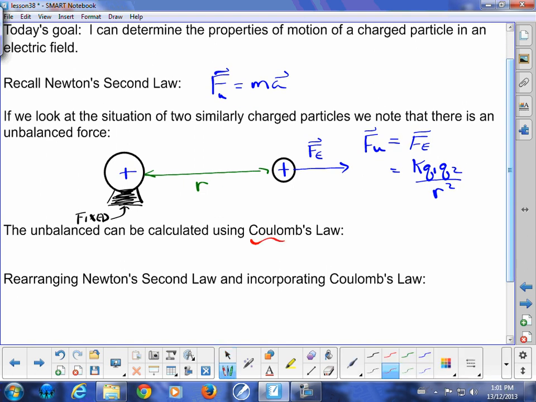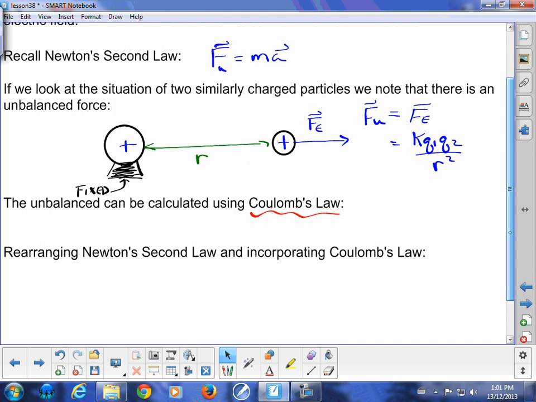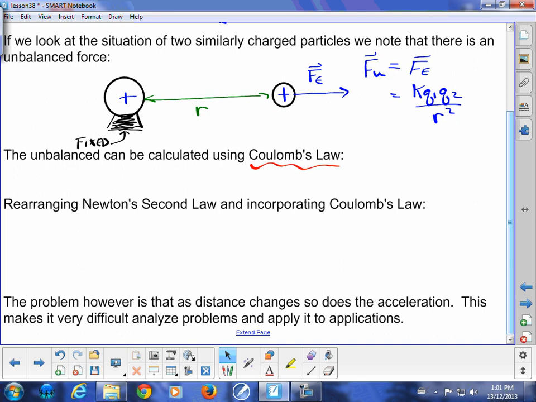I'm not really going to shatter much in this particular note. So the unbalanced force is calculated from Coulomb's law, already taken care of. We can rearrange Newton's second law, and this is where it gets mind-blowing. We're going to combine Newton's second law, Fu equals ma, with Coulomb's law.